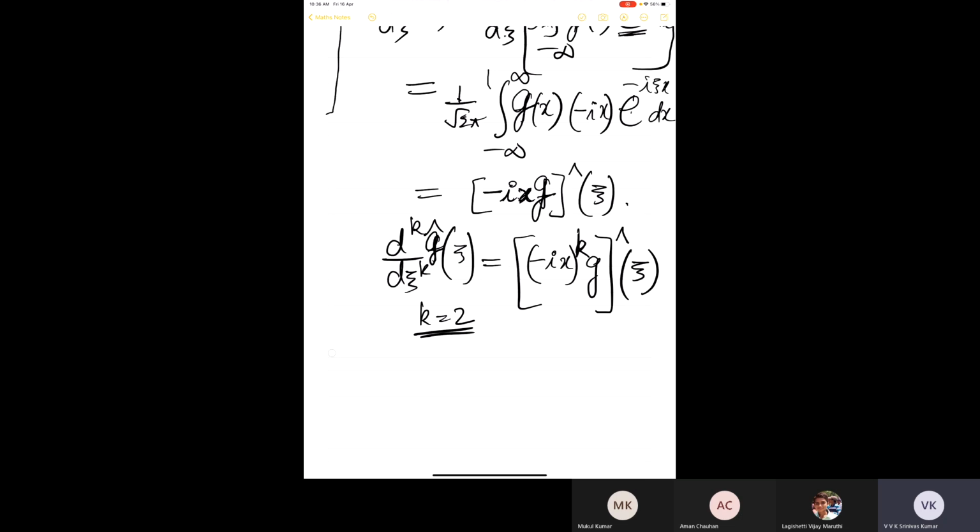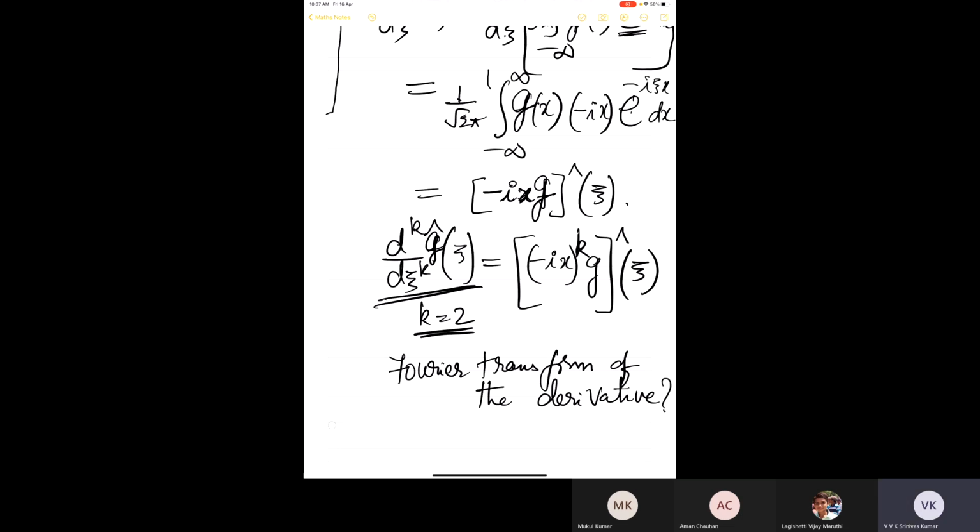Now another thing: what is the Fourier transform of the derivative? Next, we differentiated the Fourier transform. What is the Fourier transform of the derivative?